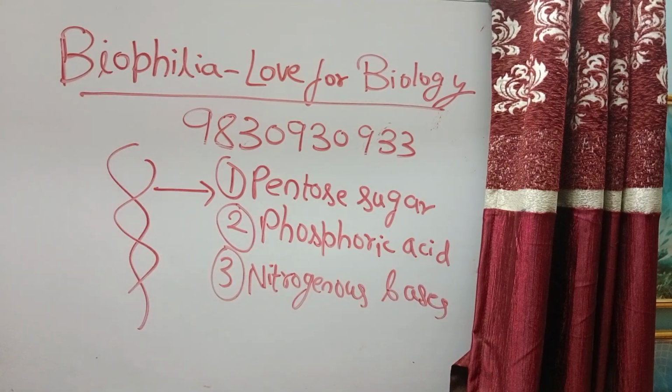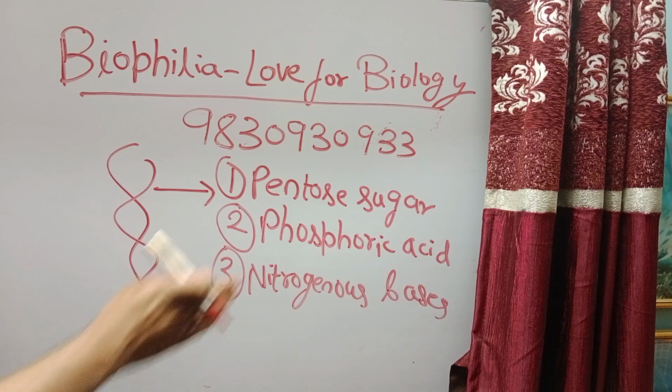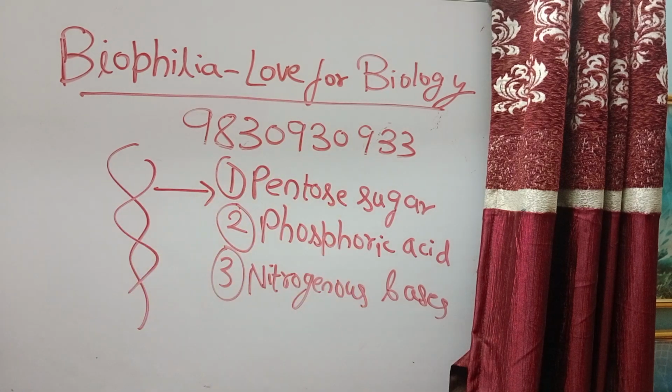So DNA is composed of three things: pentose sugar, phosphoric acid, and nitrogenous bases.